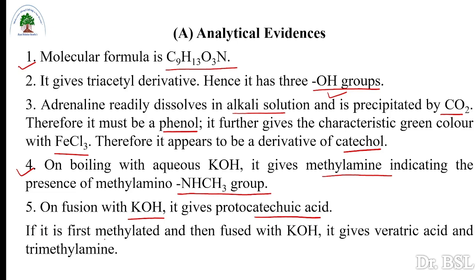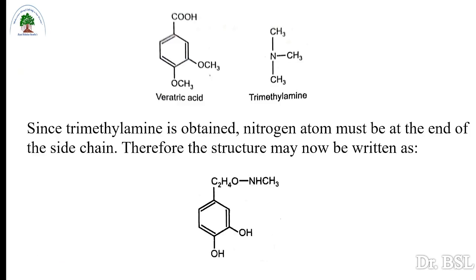If it is first methylated and then fused with KOH, it gives veratric acid and trimethylamine. This is the structure of veratric acid, in which the methoxy groups are on the 3 and 4 positions and on the first position a COOH group is there.